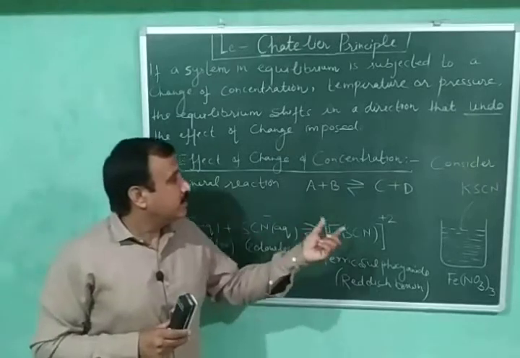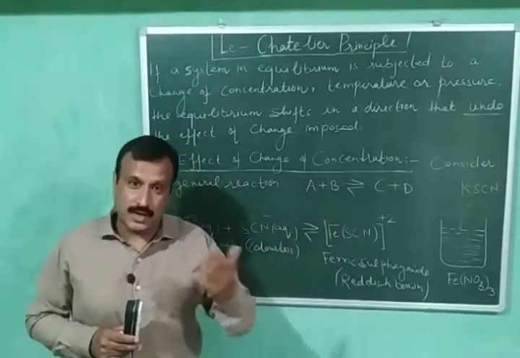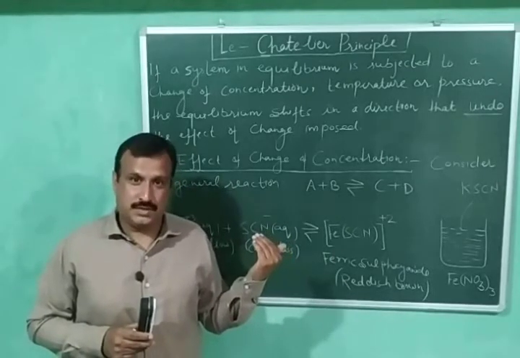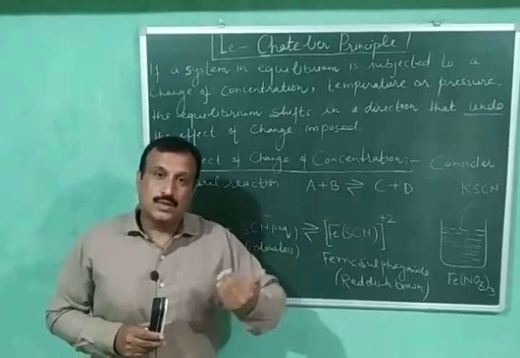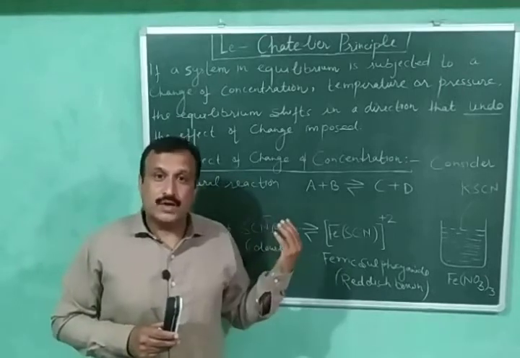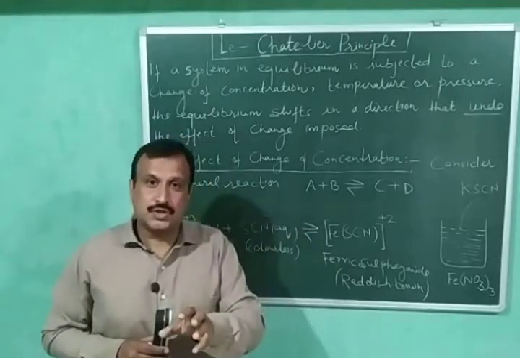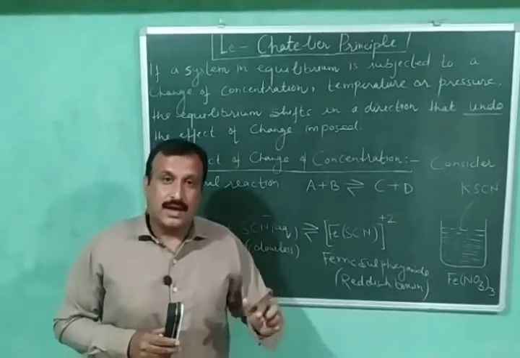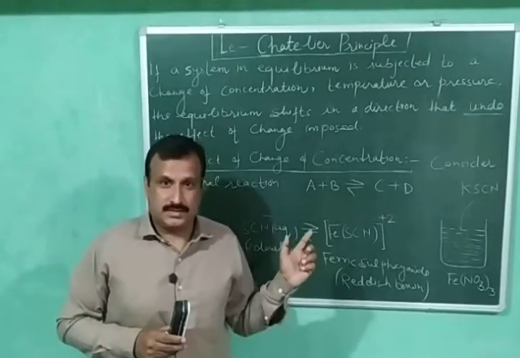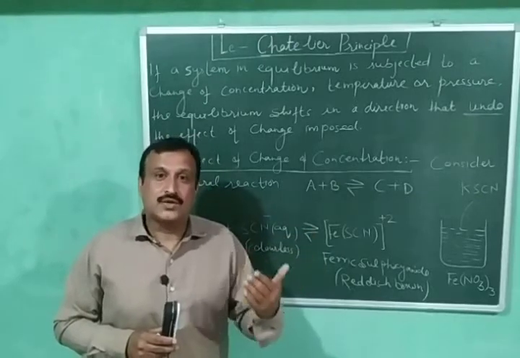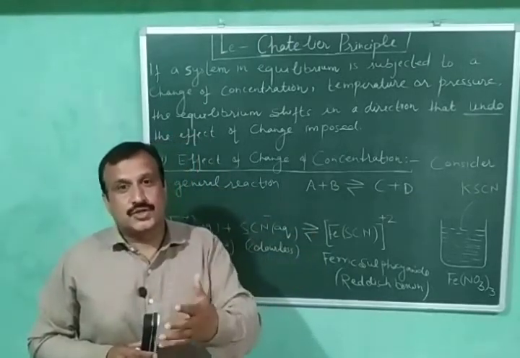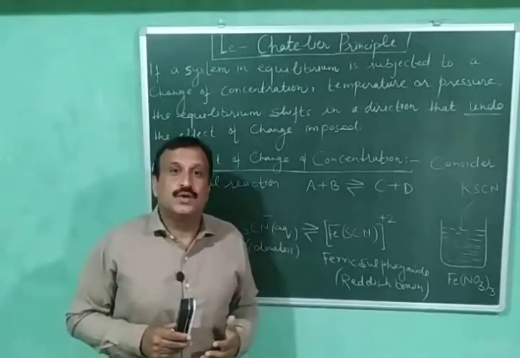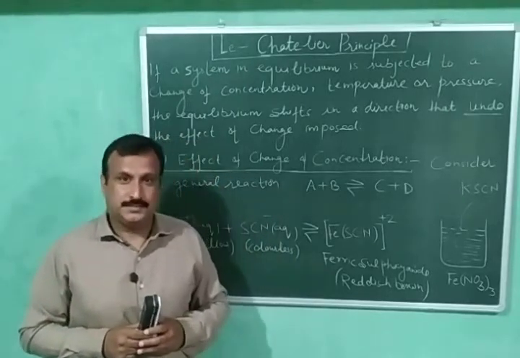Likewise, the increase in the concentration of products shifts the equilibrium in the backward direction, because when the reaction goes in the backward direction, the concentration of the products will decrease and that of the reactants will increase, the effect of the increased concentration of the products will be reversed and the equilibrium will be re-established again.